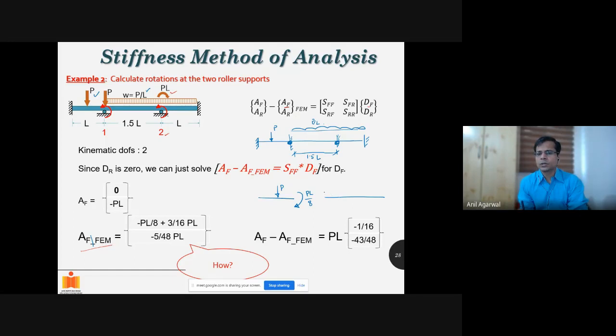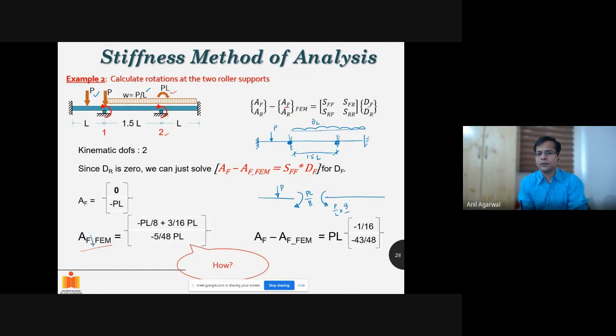So the moment that I have to apply on this member is how much? W L square by 12, right? W will change to P by L, into L square. L square will become 2.25, or if I'm using fraction terms, then I will use 3 by 2, right?